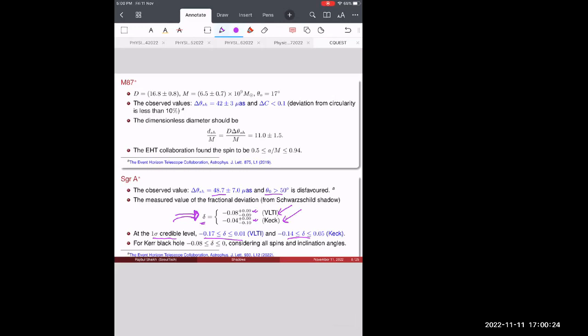Theoretically, for the Kerr black hole, delta lies in this range, considering all spin and inclination angles. Therefore, it is said that the observed shadow is consistent with the one predicted by the Kerr black hole.